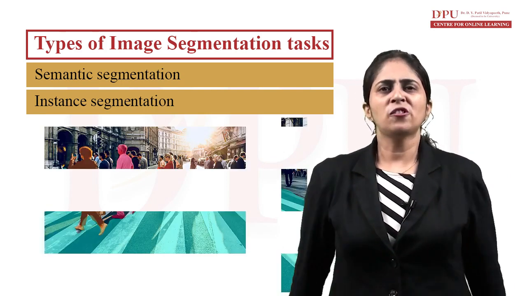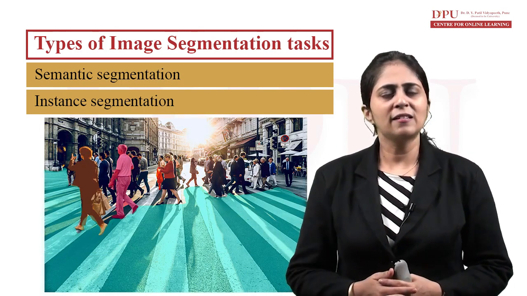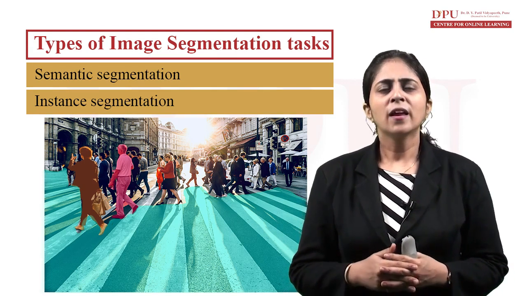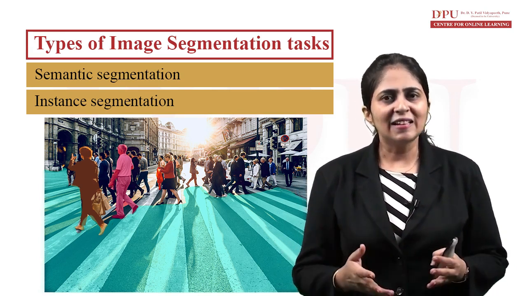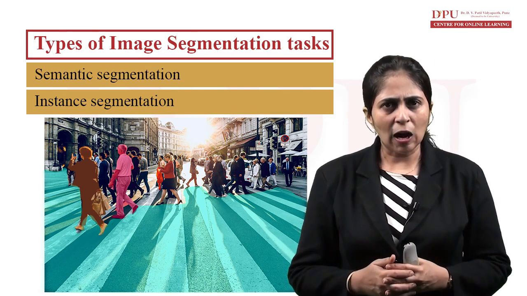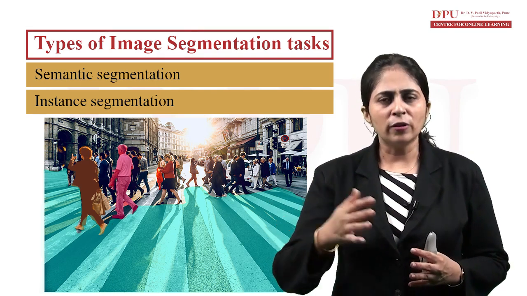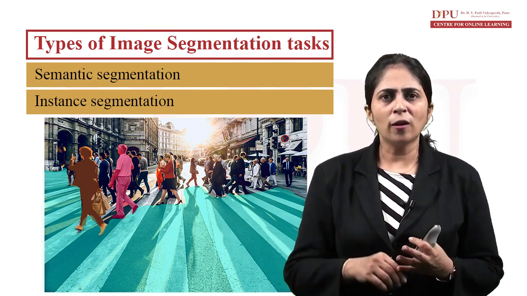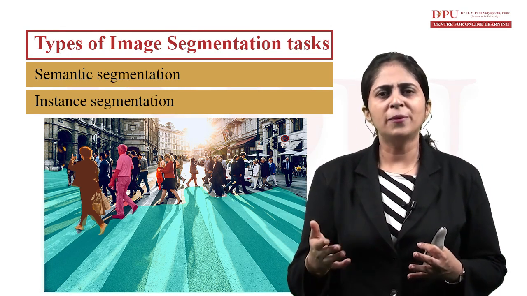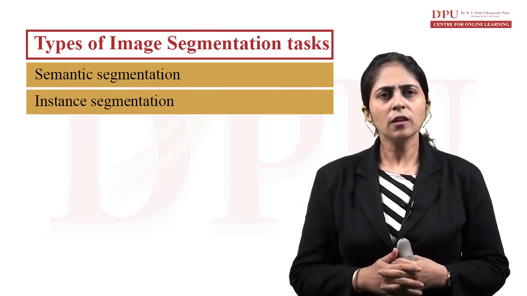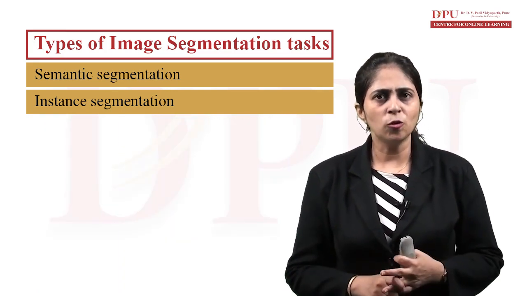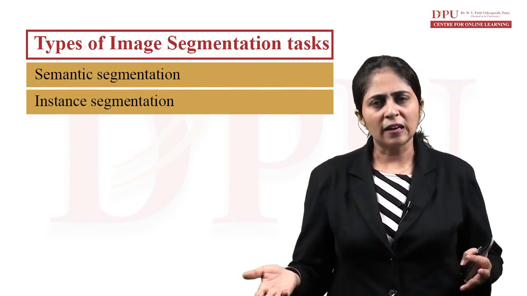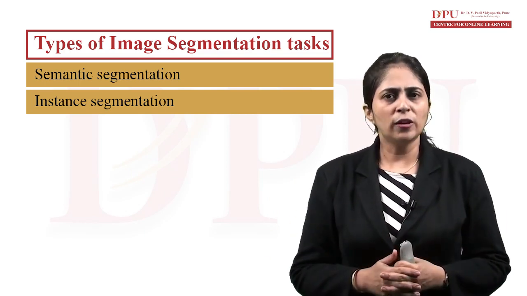If the same image of the crowd that we talked about in semantic segmentation is fed into the instance segmentation model, the model would be able to segregate each person from the crowd and its surrounding objects. But it will not be able to predict what each region or object is an instance of.